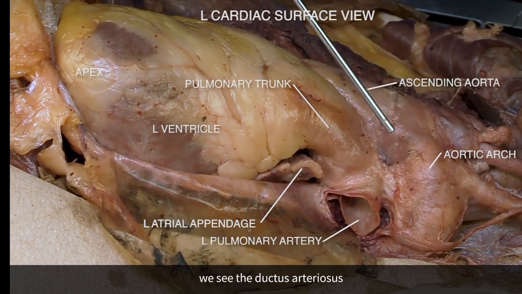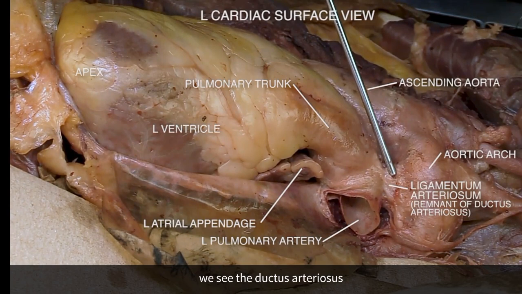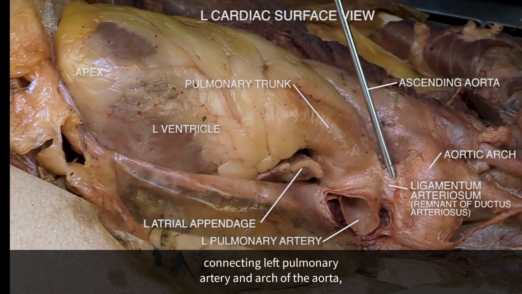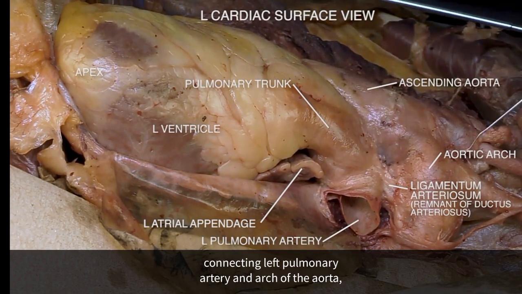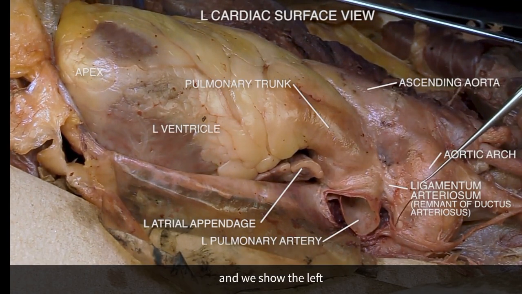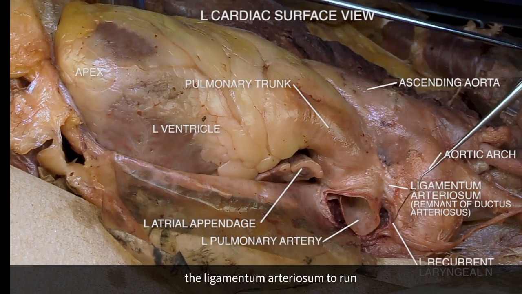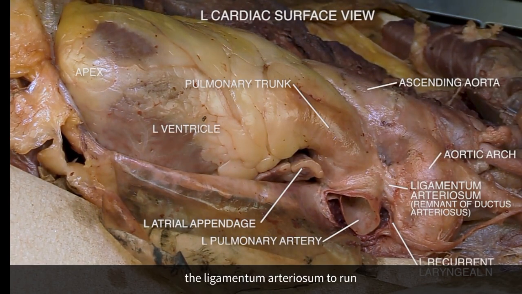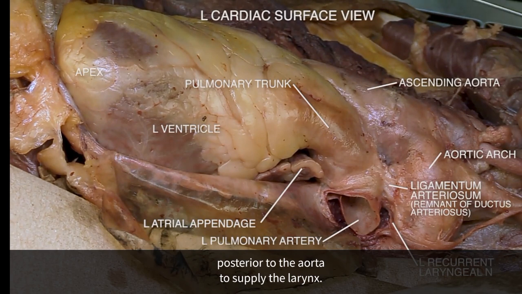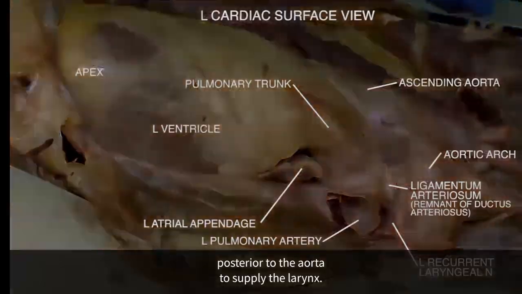We see the ductus arteriosus connecting the left pulmonary artery and arch of the aorta, and we show the left recurrent laryngeal nerve hooking around the ligamentum arteriosum to run posterior to the aorta to supply the larynx.